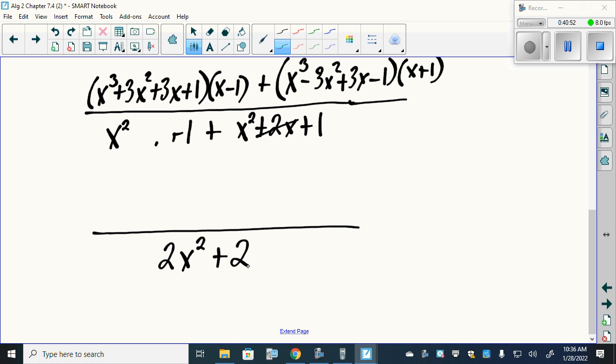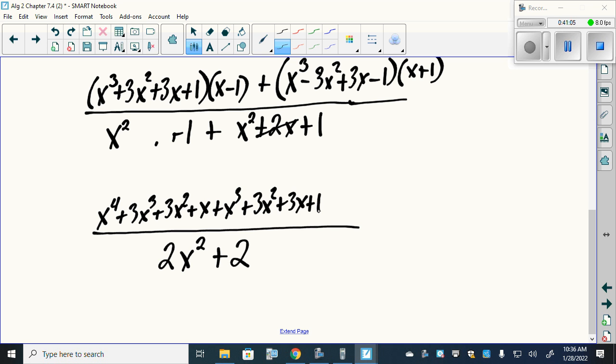Incidentally, in the numerator, we're going to get x to the fourth plus 3x cubed plus 3x squared plus x cubed plus 3x squared plus 3x plus 1. Got a little ahead of myself. Since we have the minus 1, the signs for the second half should all be negative. So it should be negative x cubed, negative 3x squared, negative 3x, negative 1.